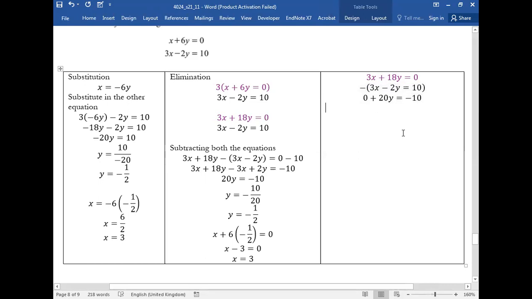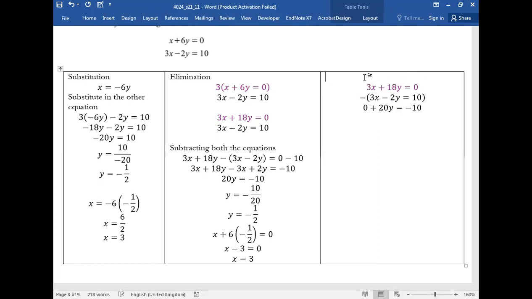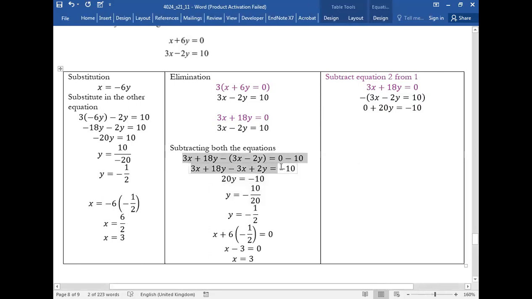Yes, we decided the operation. Subtract both the equations. Yes, subtract. But this is what you are technically doing. इस बात को दिमाग में जरूर रखो ताकि whenever you get confused, you understand.